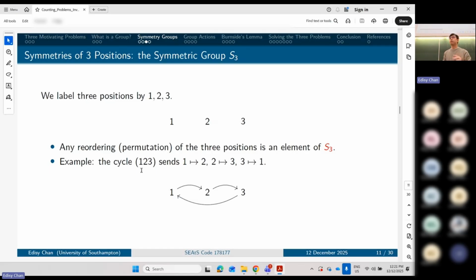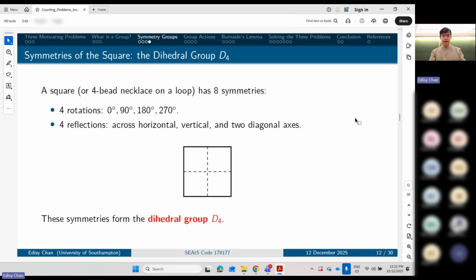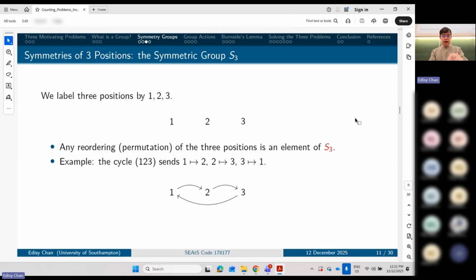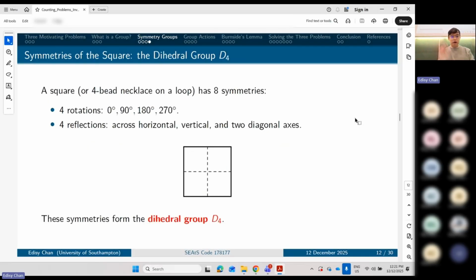This is called a cycle. That means 1 goes to 2, 2 goes to 3, and then 3 goes back to 1. All these permutations give us a symmetric group, S3, which is all the permutations on 3 objects. I will show you more about the notations later.